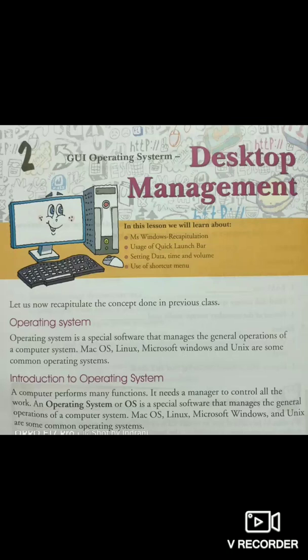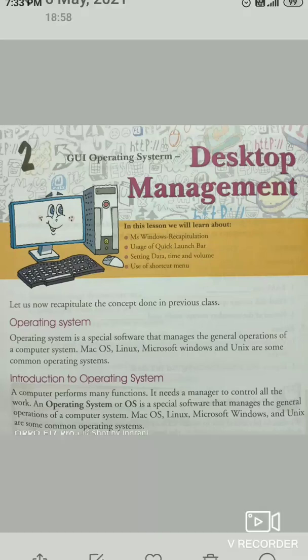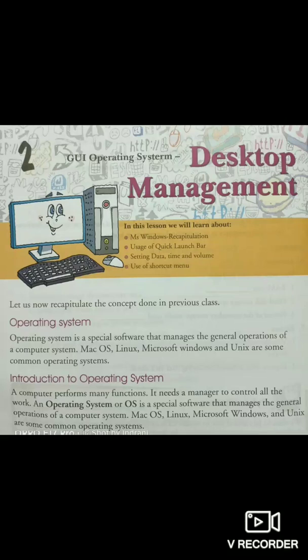In this lesson you will learn some important topics like MS Windows recapitulation, that means whatever you have learned in previous classes, and uses of the quick launch bar. This is a new one. And of course, setting date, time, volume, and the uses of the shortcut menu.